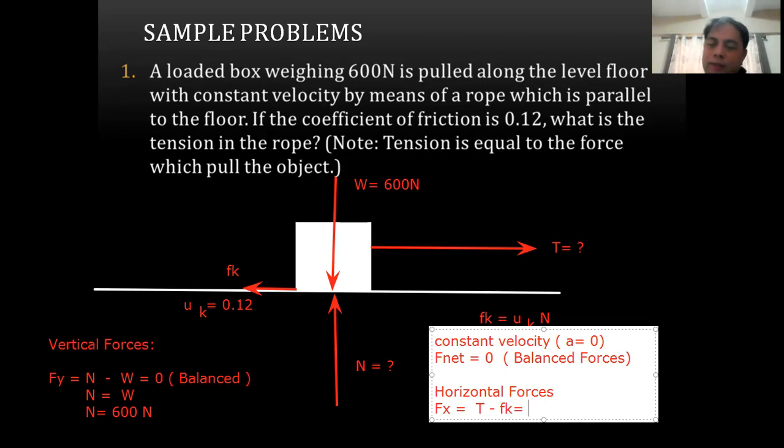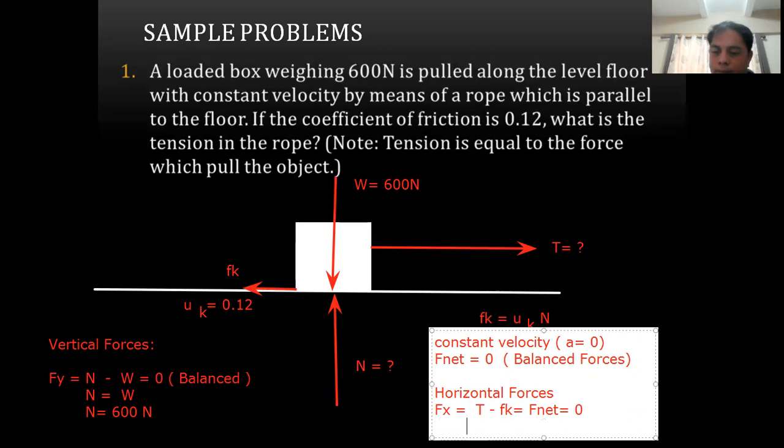Now, if that's causing constant velocity, then the net force there must be equivalent to zero, because there's no acceleration occurring. So no net force is present. Now, if this is the case, that P minus F sub k is equal to zero, then we will realize that P can also be equated to F sub k.